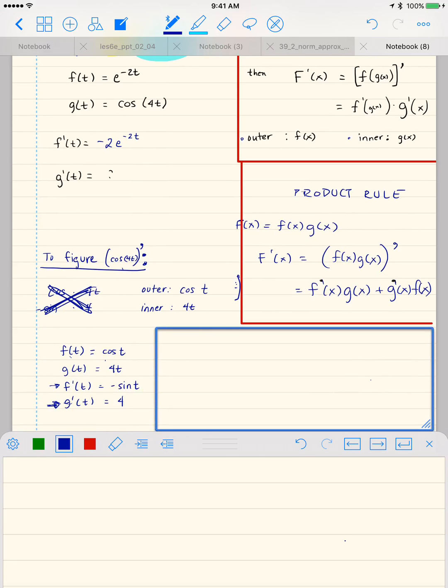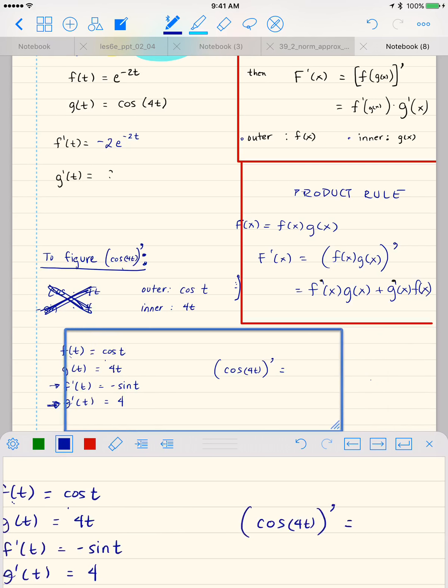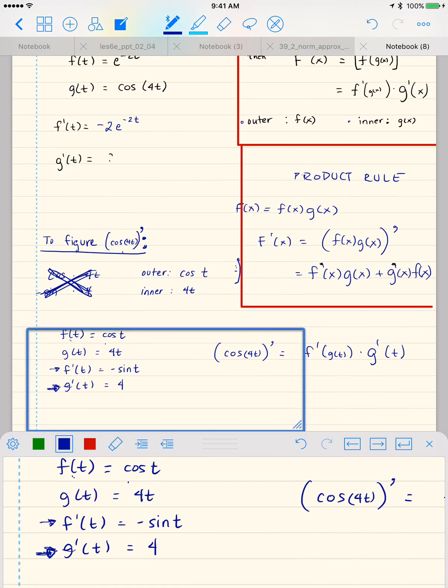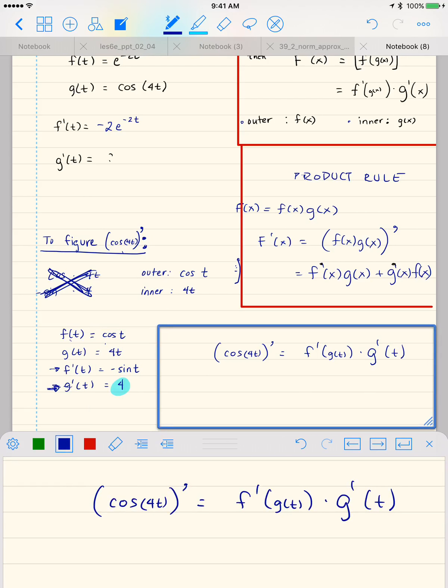And now I'm going to combine it. So I need cosine of 4t. The derivative of it is going to equal f prime of g of t times g prime of t. Now my g prime of t is 4, so I can go ahead and put that over here.